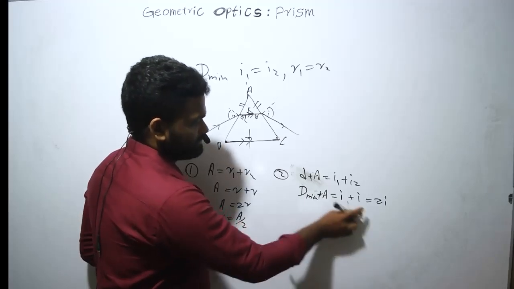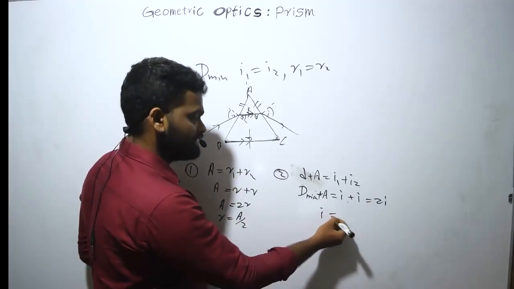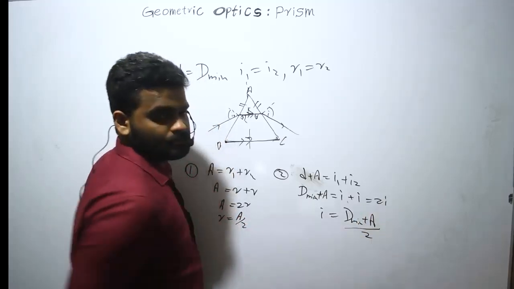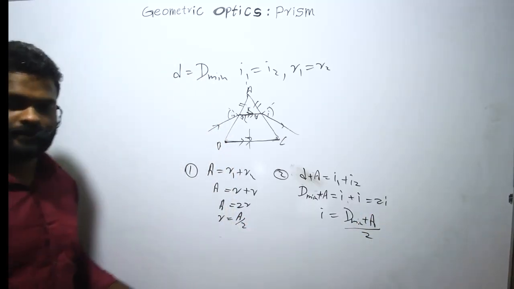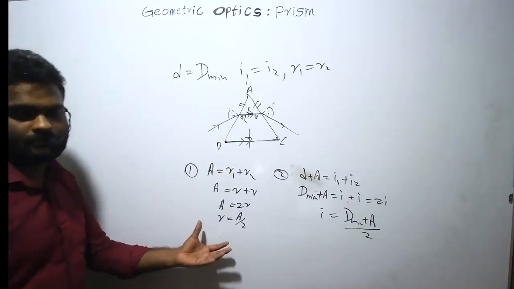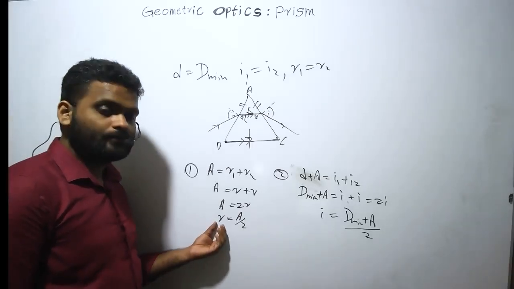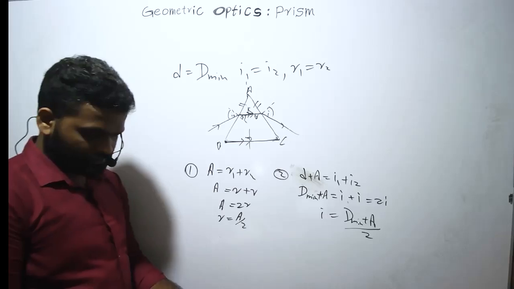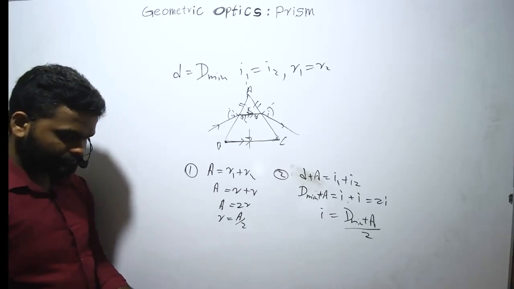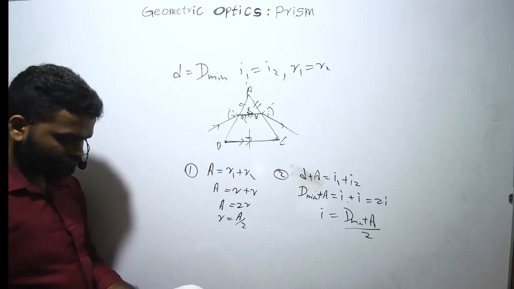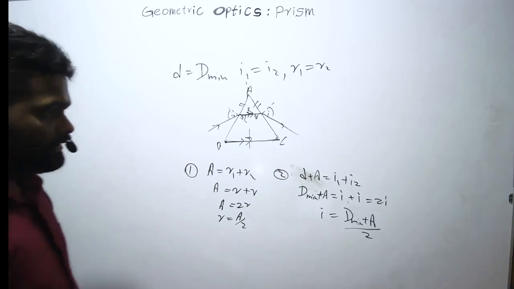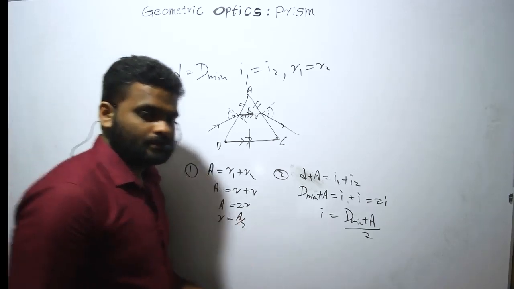Then from this you can understand I is equal to D min plus A divided by 2. So at the minimum deviation, we have a value for r and a value for I. Right, take them down.